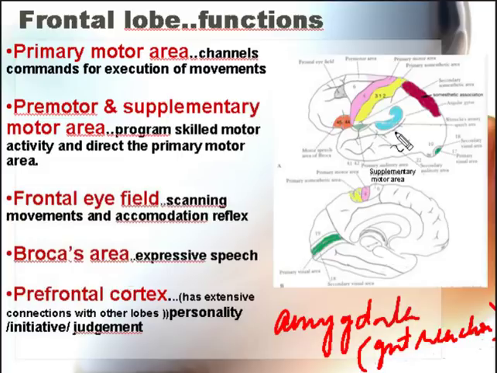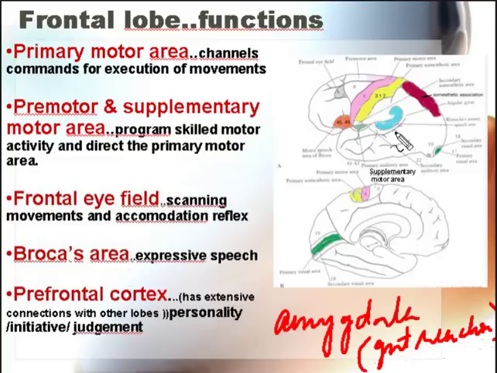And it also has connections with the limbic system. So because of all of this, it forms a system that determines what your reactions will be to present day situations based on past experiences. So that's how it does that. And so you can see what an important area of the brain the prefrontal cortex is.